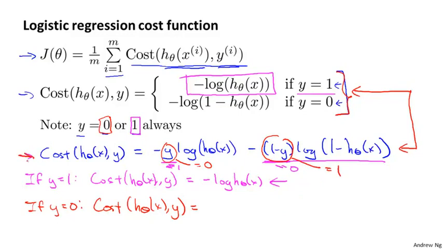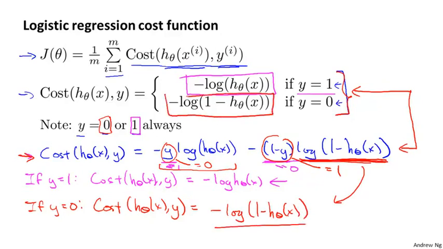And so the cost function simplifies to just this last term, because the first term gets multiplied by 0 and disappears. We're left with minus log 1 minus h of x. You can verify that this is exactly what we had for when y is equal to 0. So this shows that this definition for the cost is just a more compact way of taking both of these expressions, the cases y equals 1 and y equals 0, and writing them in a more convenient form with just one line.